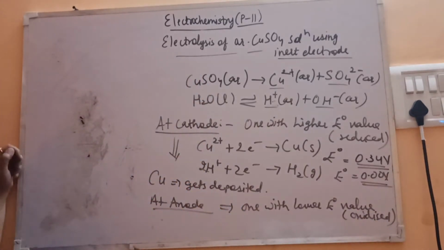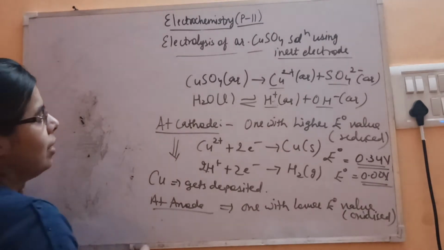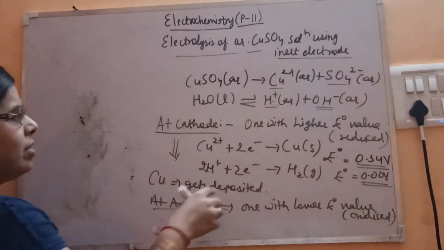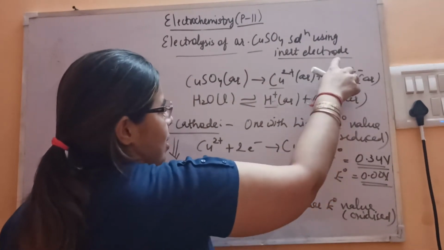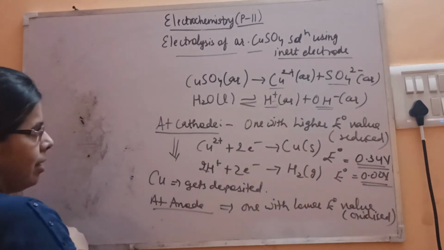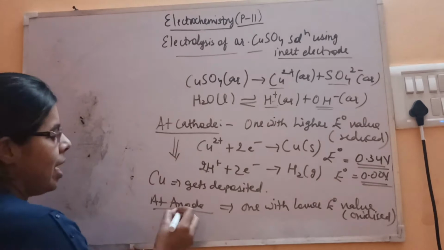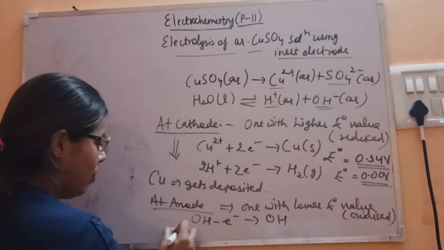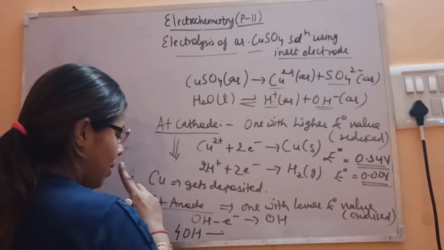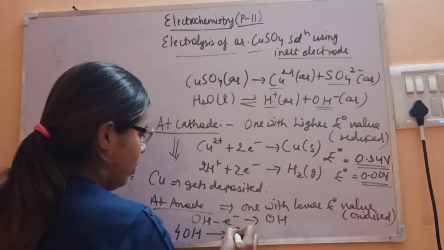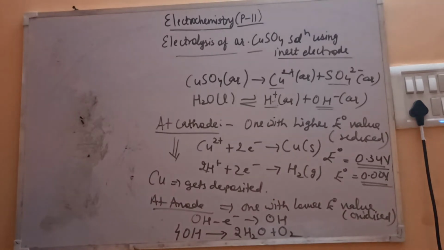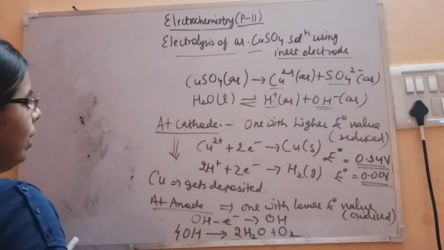From the electrochemical series, OH- has a lower E0 value in preference to the sulfate ion. So the sulfate ion will remain in solution, and O2 gas will be liberated at the anode. OH- will lose its electrons and give you this: 4OH- gives you 2H2O plus O2 plus electrons.